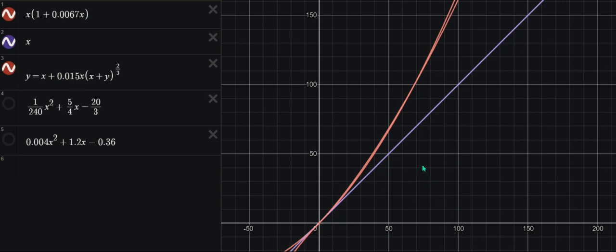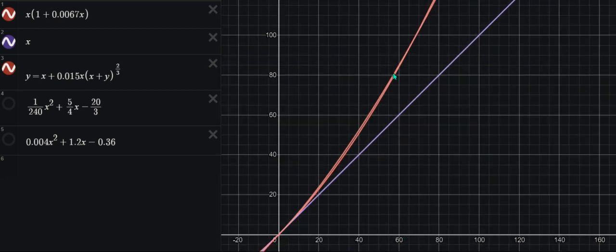When I wanted these two graphs to resemble at x equal to 60, that's why I put this over here. 0.067 is the calculated value that I got when I took x into 1 plus ax, fed that into this equation, and put 60, 90 into this. When I put that in, it gave the value a equal to 0.067 something.